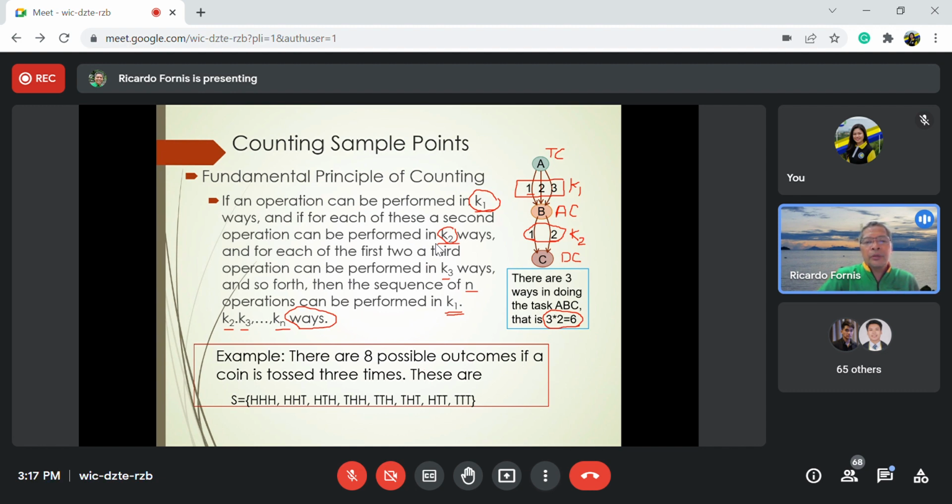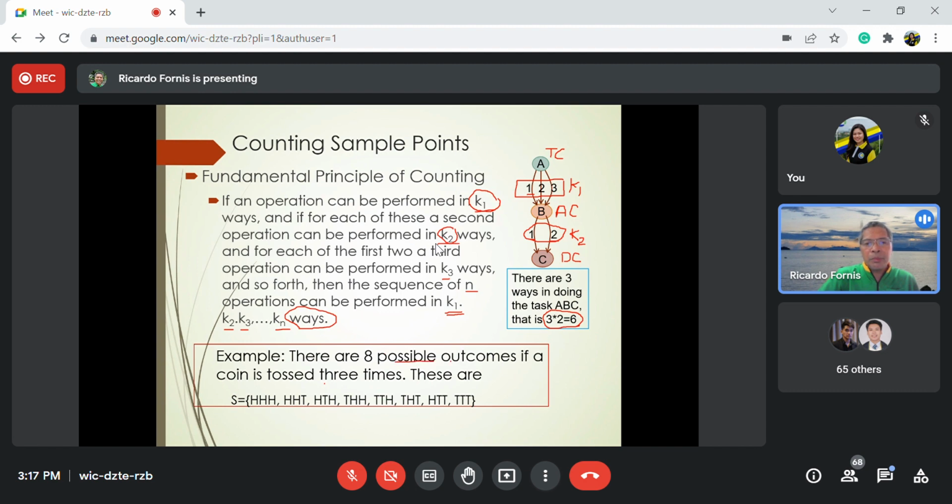So tossing a coin is considered an experiment, and if you toss a coin, there are several pieces of information that you can obtain. In this particular case, we are interested in tossing a coin 3 times, and we will take note of the number of possible outcomes.